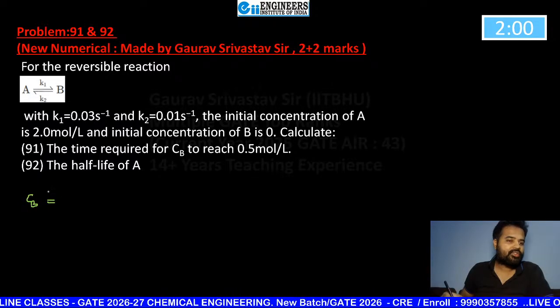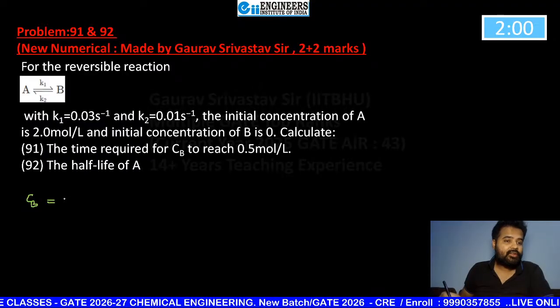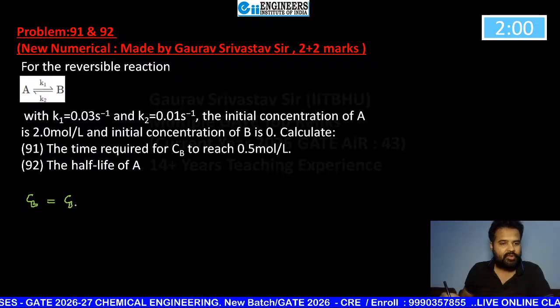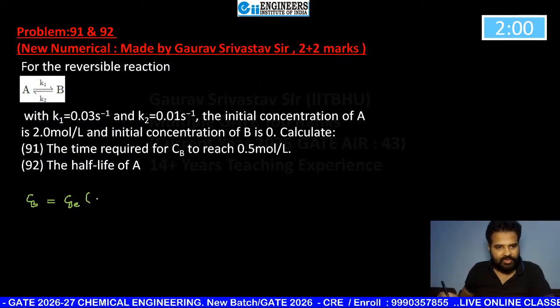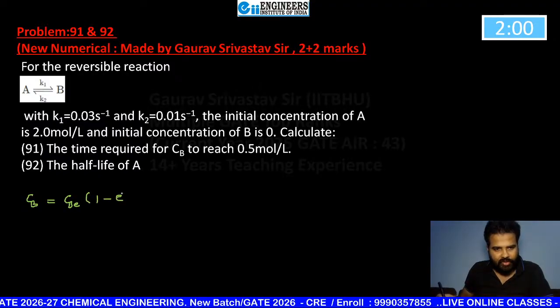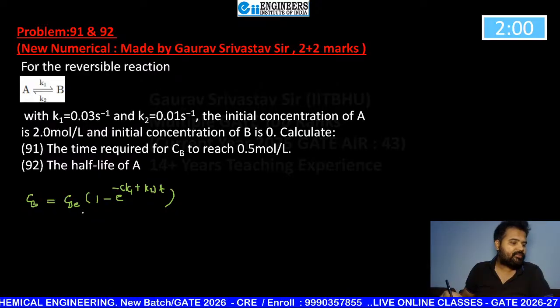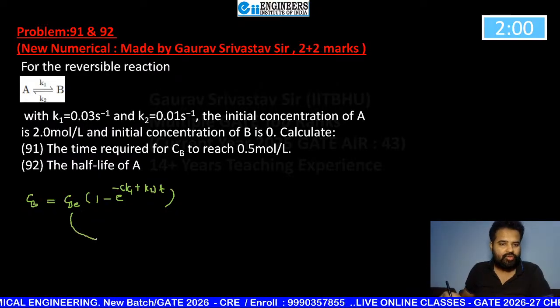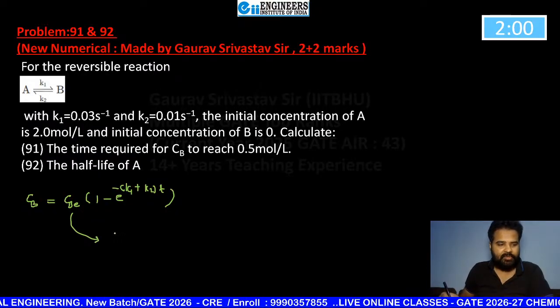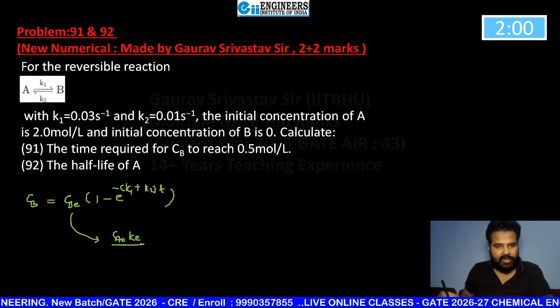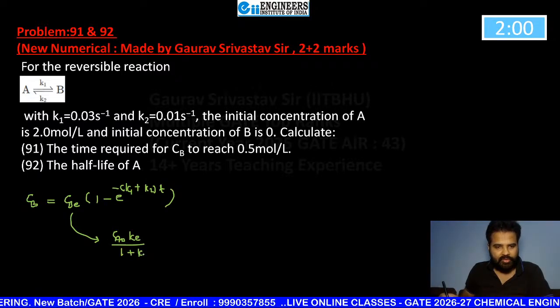How you solve for this CB? CB को कैसे solve किया आपने? Are you using this expression? If you are using this expression, then tell me from where you are going to get this CB. आपको CB ही चाहिए ना? So you know that this CB can be written as CA naught KE upon 1 plus KE.